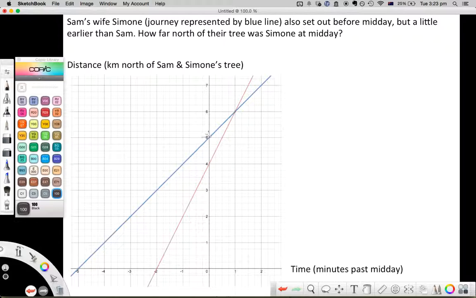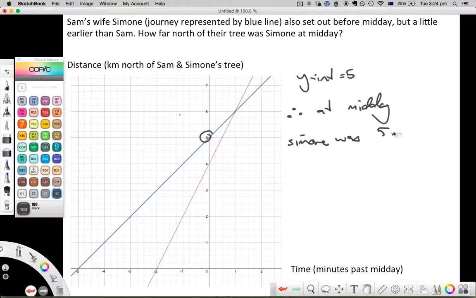But basically the question's asking, what's the y-intercept? And we can see 5. Therefore, at midday, Simone was 5 meters north of the tree.